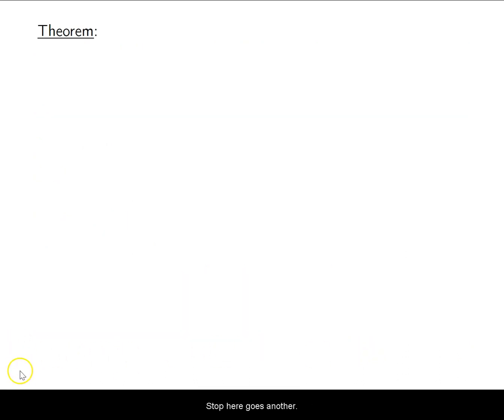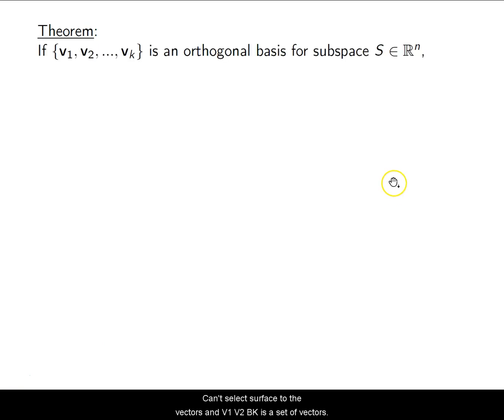So here goes another theorem. Okay, so let's start off with a set of vectors. If V1, V2, through Vk is a set of vectors, and that set of vectors is an orthogonal basis for some subspace S of Rn, right? S is a subspace of Rn. And that's why the index k is not n, right? It should be less than or equal to n in this case, because it's a smaller space than n is, or equal to.